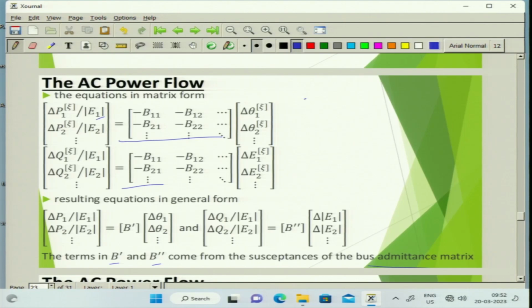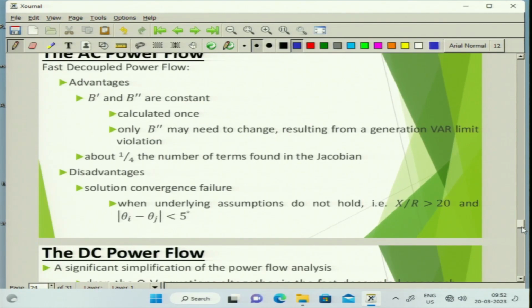For theta, n minus 1 terms are considered, that is the first n minus 1 diagonal elements, and for B double dash, n minus m terms are considered. This is for B dash. So what is the advantage?